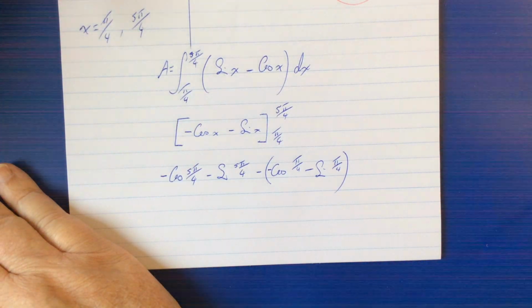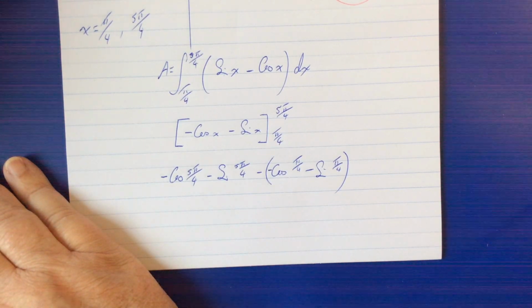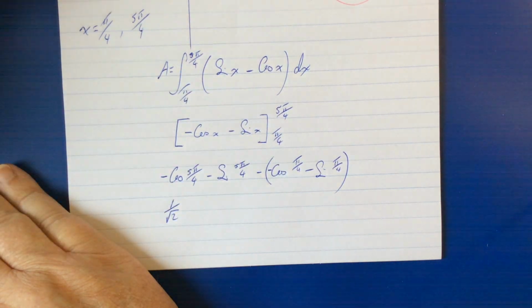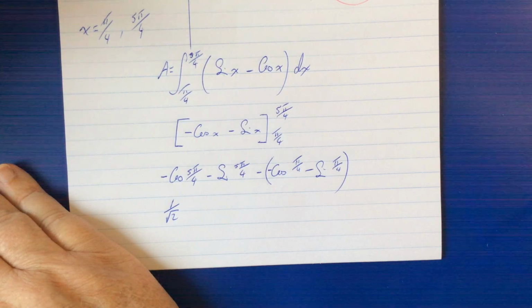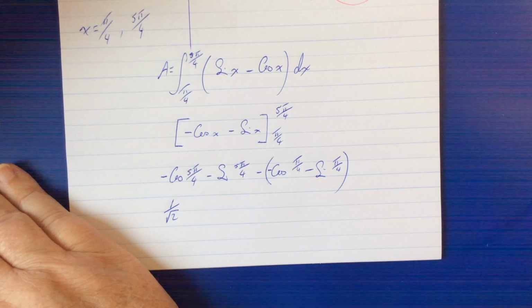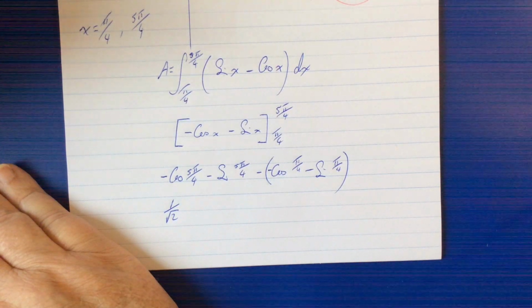So what is that? Well, it's 1 on root 2. That's that. What is the story with the sine of pi on 4? Well, it's exactly the same. And again, we're dealing with a negative negative.